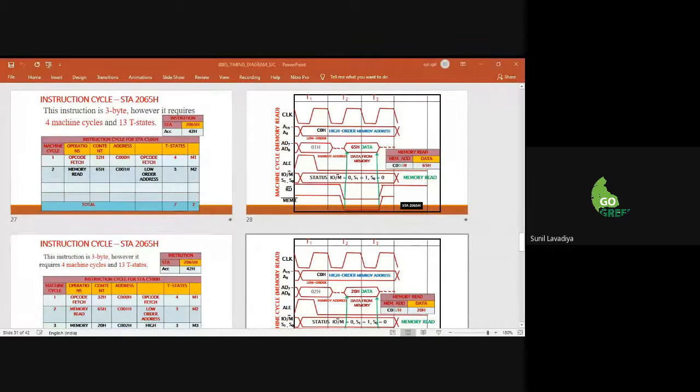Stay connected, don't leave the session, okay? You have to stay connected. 156 I have marked. 169, present, sir.